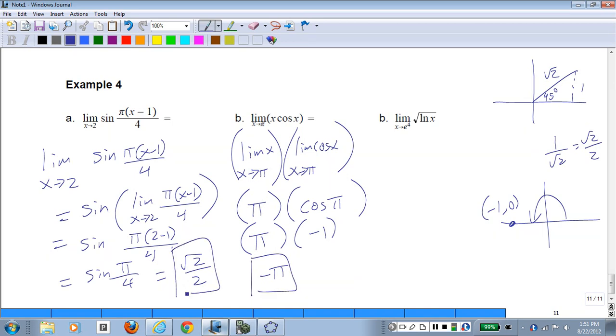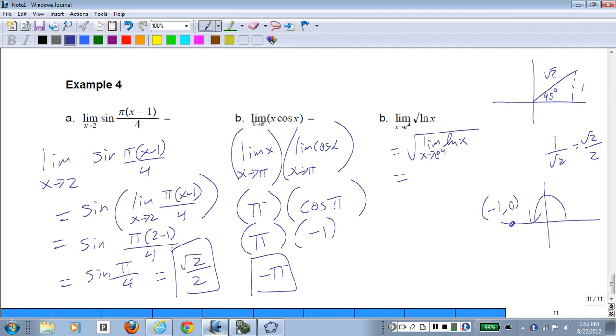Now the last one, a similar statement can be made about exponential functions and logarithmic functions. For any number in their domain, the limit can be calculated just by evaluating the function at that value it's approaching. So the limit of the square root of the natural log of x as x approaches e to the 4th power equals, well, we have a theorem about radicals. The square root of the limit of the natural log of x as x approaches e to the 4th power.